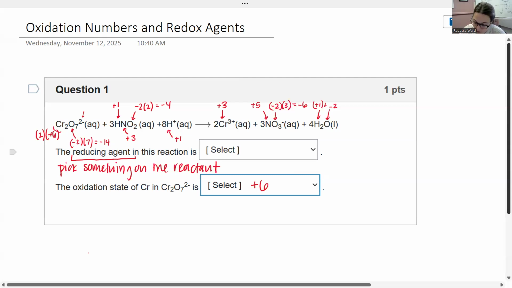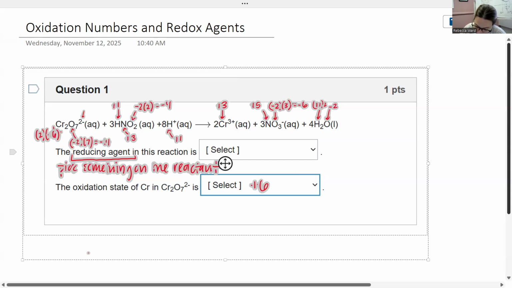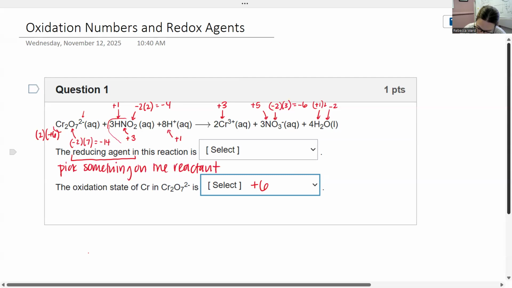So I noticed that as we were going through, that nitrogen over in nitrous acid was +3, but over here in the nitrate anion, it's +5. So it went from +3 to +5, so it must have lost electrons. So I'm going to call my HNO2 my reducing agent, because that's where the electrons are coming from.